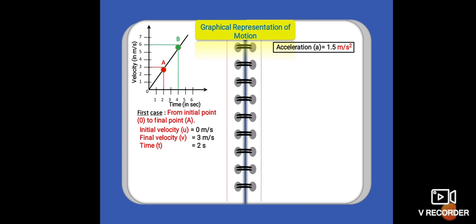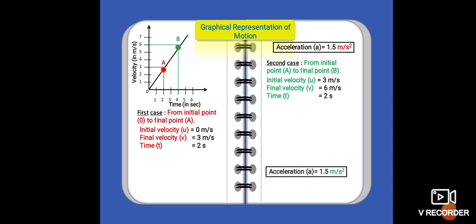Exactly 2 seconds. जो हमें कहाँ से मिल रही है, हॉरिजॉन्टल एक्सिस से मिल रही है. So, according to the acceleration, what we have, acceleration, that is 1.5 meter per second square.